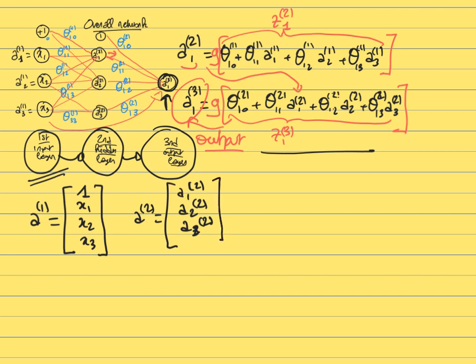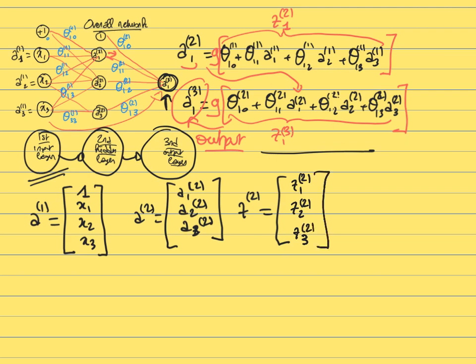Then you are going to do the same for the variable z. You are going to define a new vector that contains all the variables z of the second layer. So this vector z is going to be the value of z for the first neuron within the second layer, the value of z for the second neuron in the second layer, and the value of z for the third neuron in the second layer.